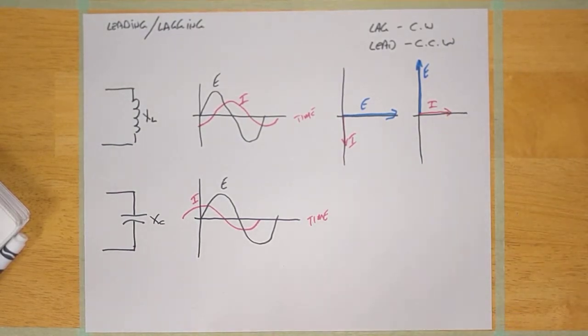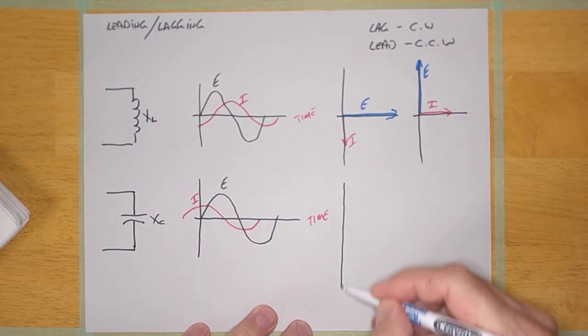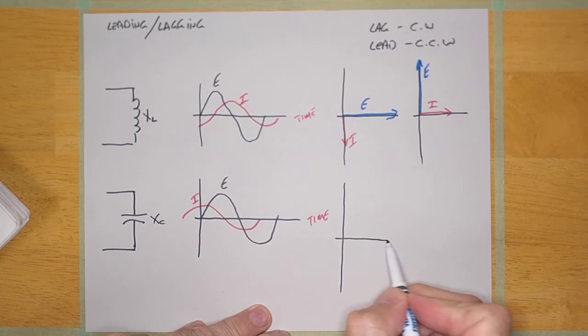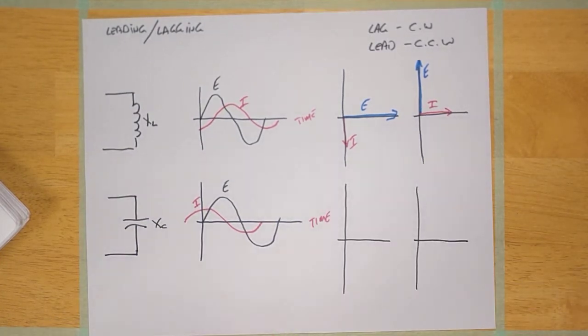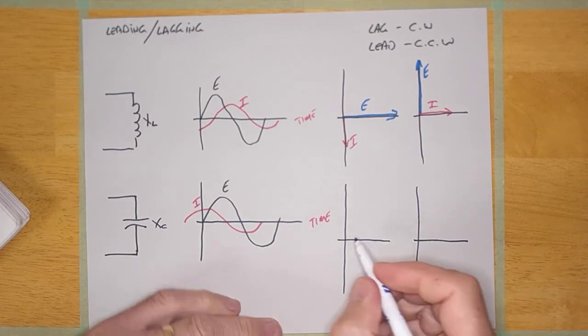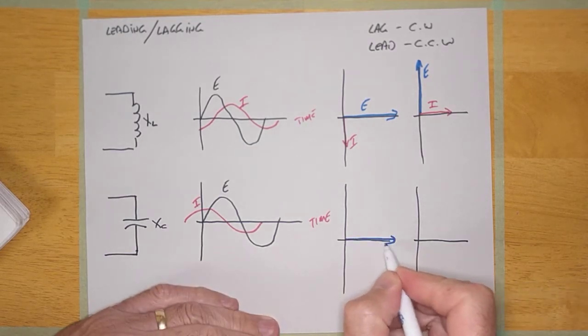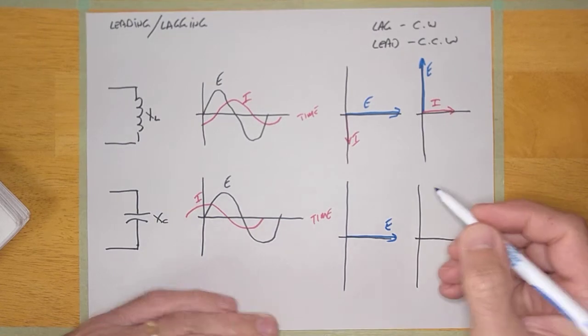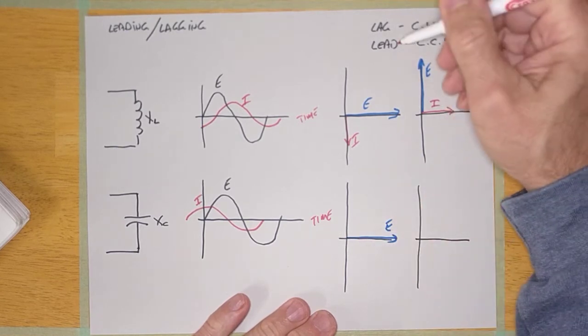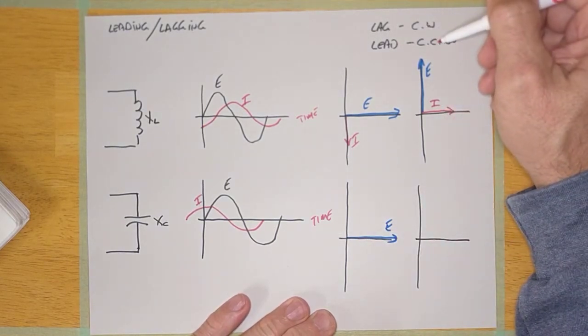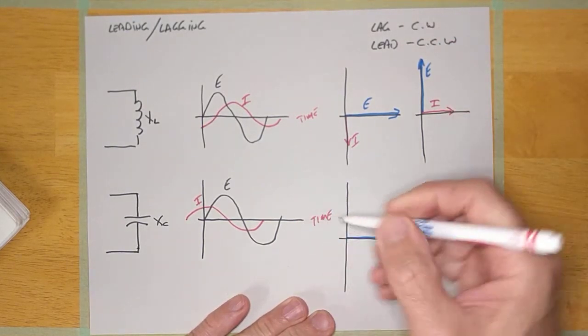Now, the capacitor is the same thing, guys. Okay, so let's draw the two possibilities that I could have here, depending on which phasor I draw first. Let's say I drew the voltage here. If this is the voltage and I want to draw the current, and I need to draw the current leading by 90 degrees, leading phasors are always drawn counterclockwise, and counterclockwise is this way.